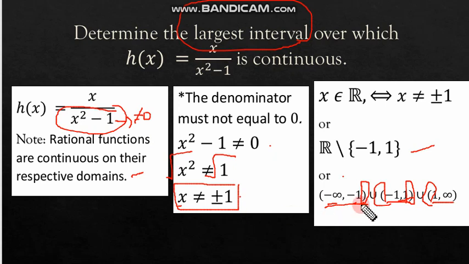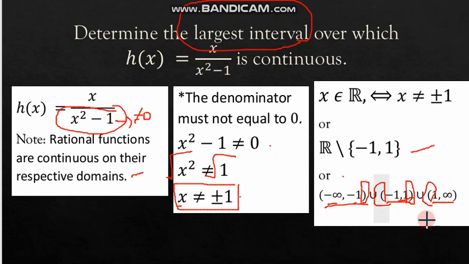That's why we put parentheses, because our function is continuous on the interval from negative infinity up to x less than negative 1. And the same goes here. We will start from x greater than 1 to infinity.